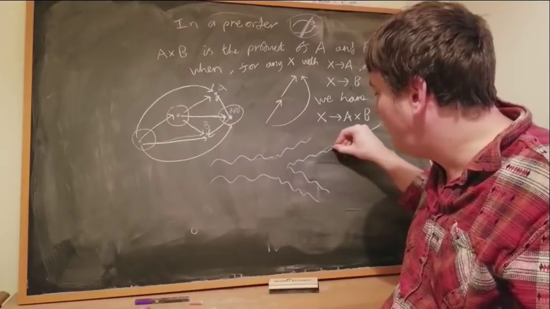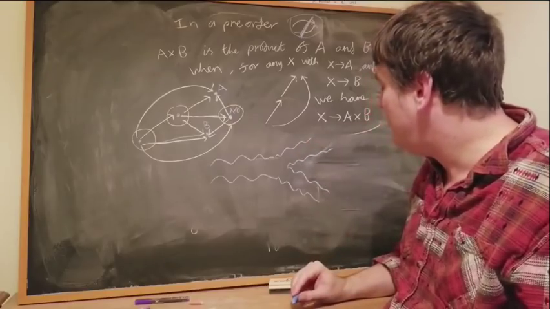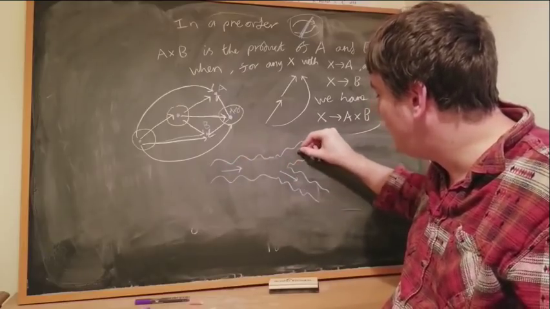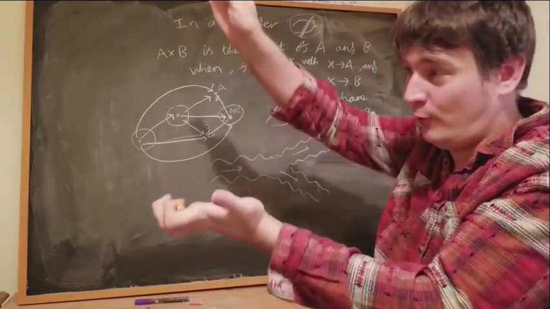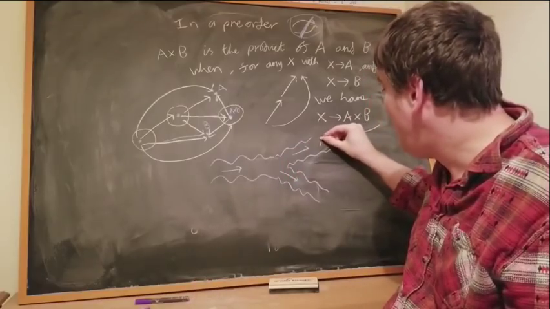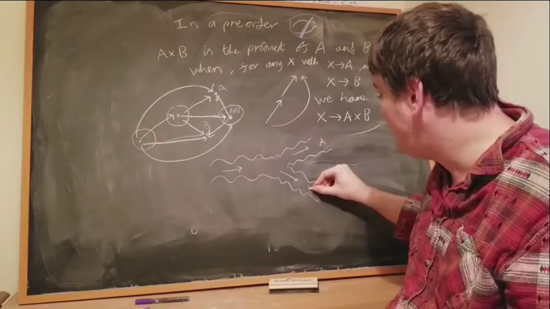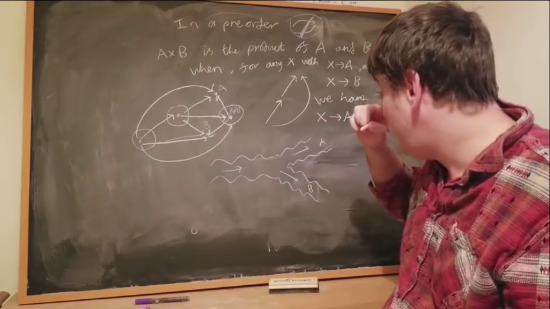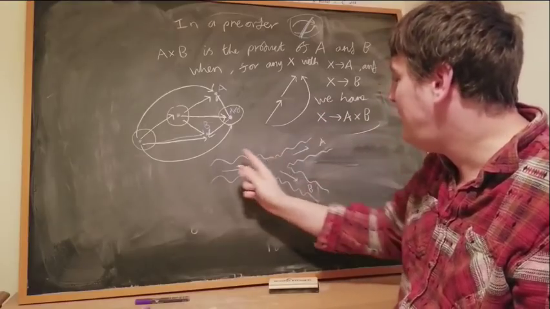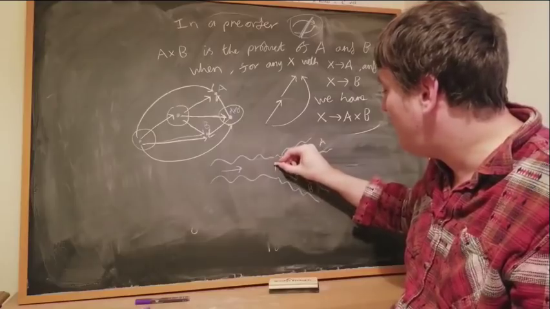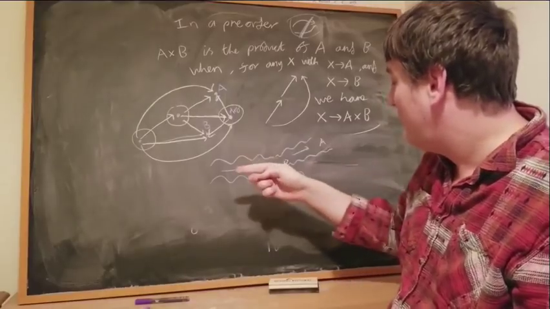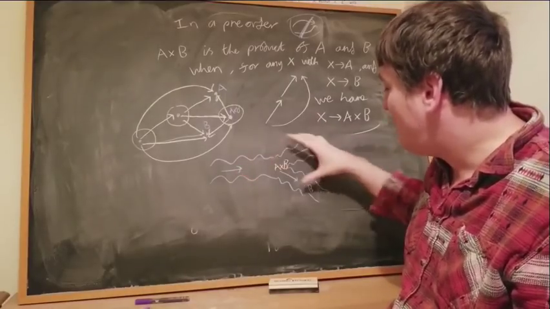So if you think about rivers, you can think about watersheds. Imagine this river is flowing and then it forks into two. If you have one object up here, let's say A, and one object here, let's say B, then both of these objects are going to be accessible by any object over here, but the product is going to sit right at the watershed of these two rivers, because you can reach A and B from it.